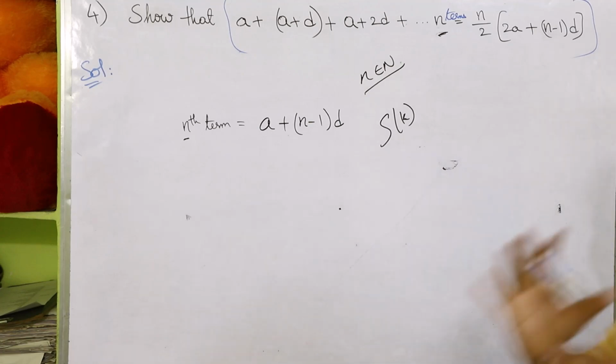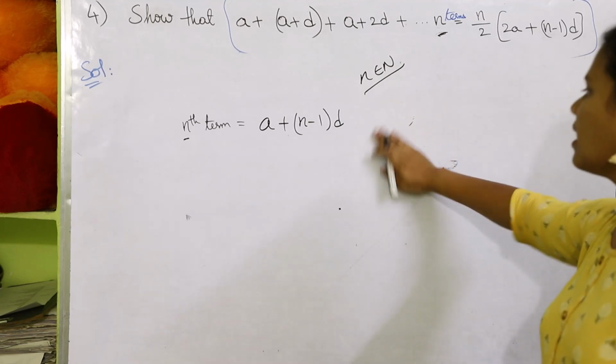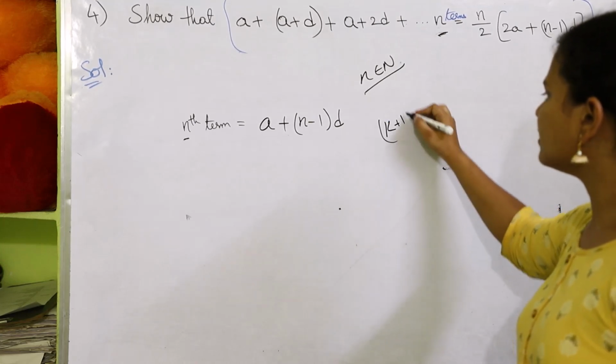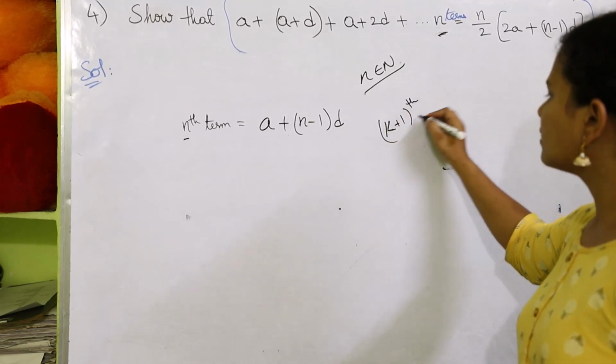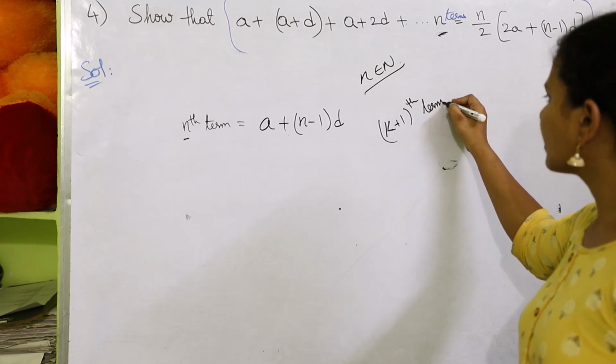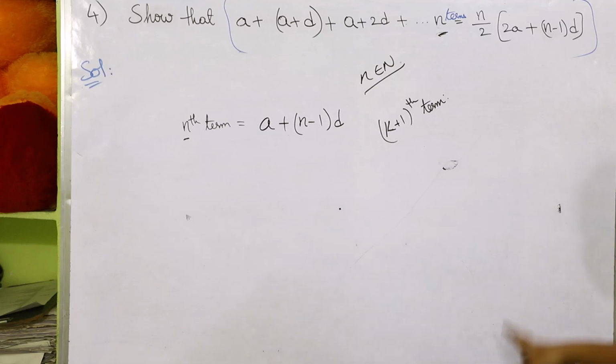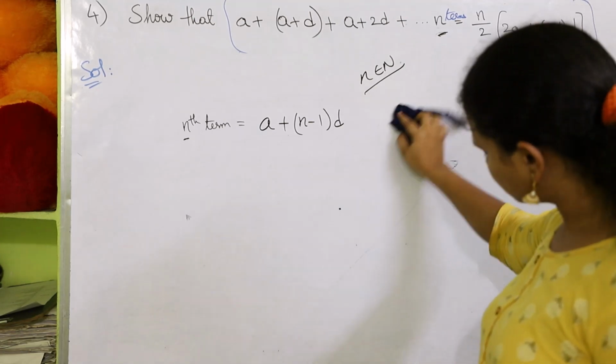The third step, or third case, is the k plus 1th term. Are you getting it? This is how it goes in our mathematical induction.